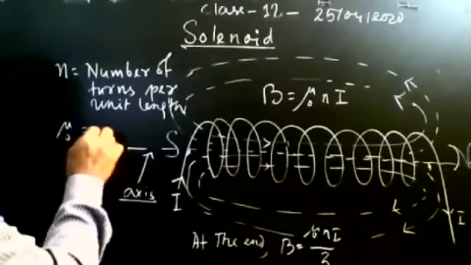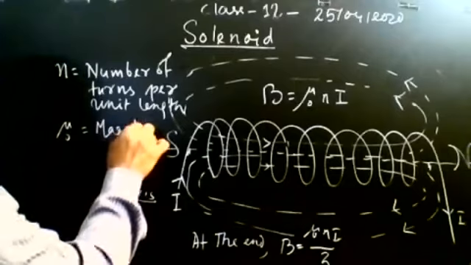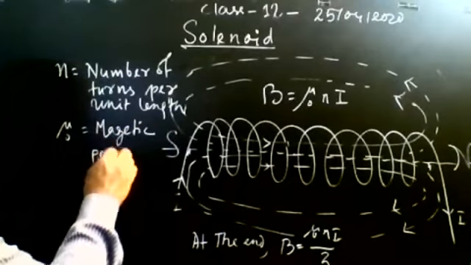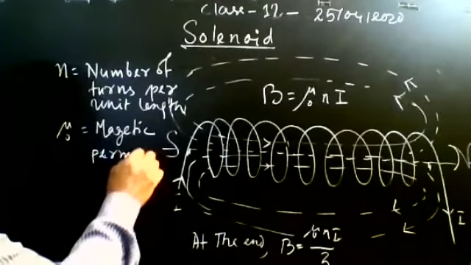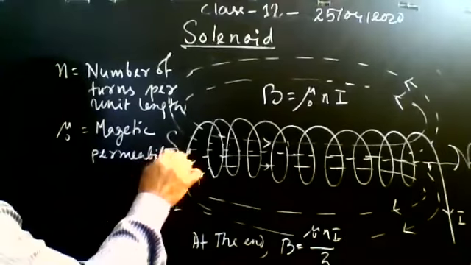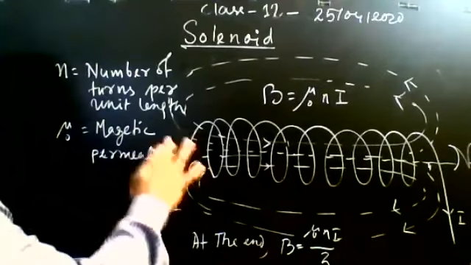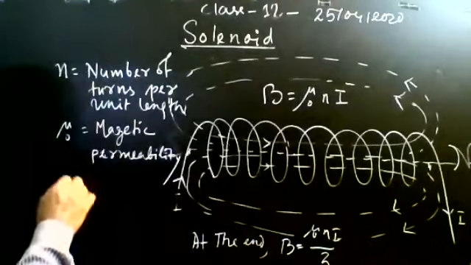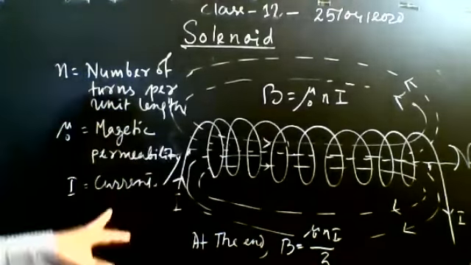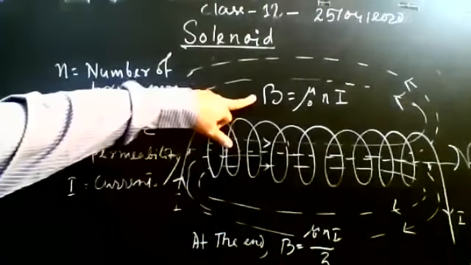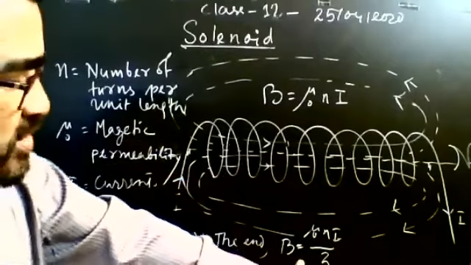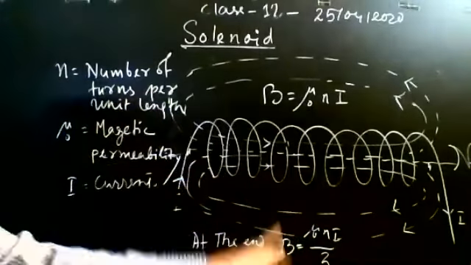Mu naught is the magnetic permeability. And what is I? I is the current passing through the solenoid. So this value represents the magnetic field induction inside the solenoid, and this value gives the magnetic field induction at the extreme end of the solenoid.